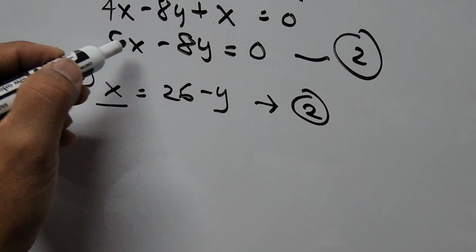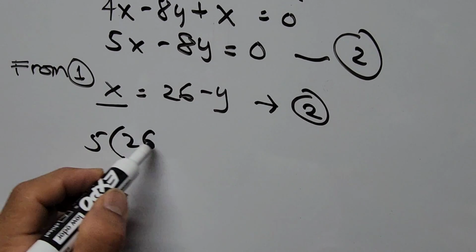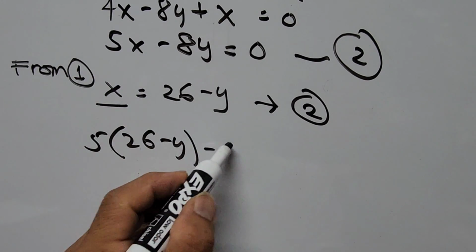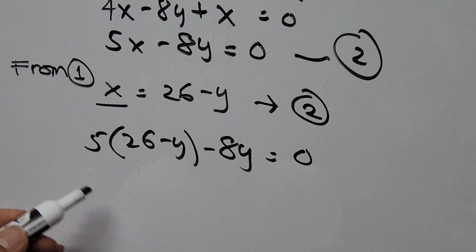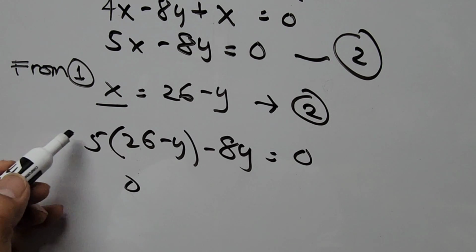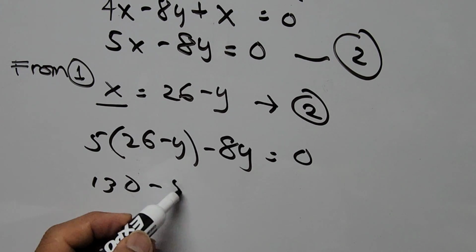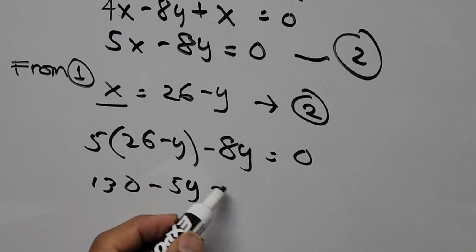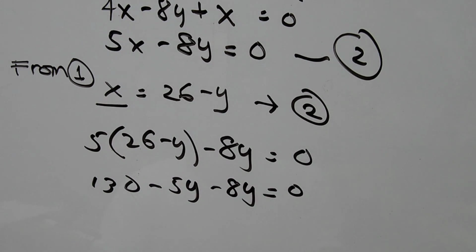So we have now 5x, so this is 5 times x, which is 26 minus y, minus 8y equals 0. Simplify. 26 times 5 is 130. Then minus 5y and minus 8y equals 0.